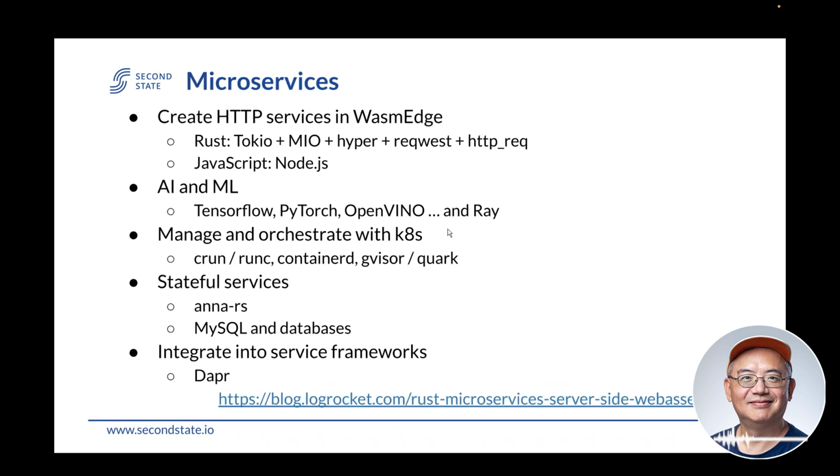So what are those? One, of course, is microservices. Today, most microservices are written in languages like Go or Java, some are Rust, and they're all packaged in Linux containers. Multiple services can exist in the same pod, managed by Kubernetes, things like that. But there are lots of microservices use cases, say log processing, and as microservices become more and more finely grained, this pattern has become more and more heavy.